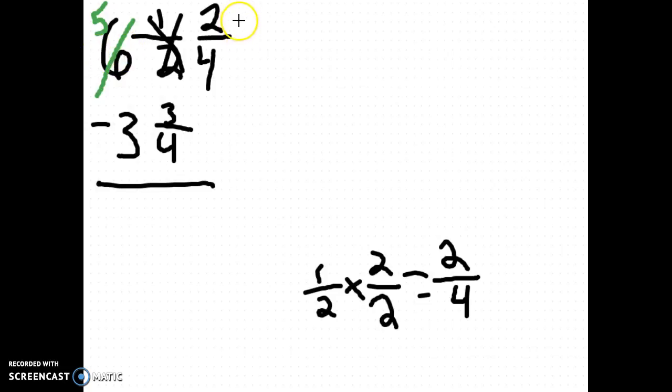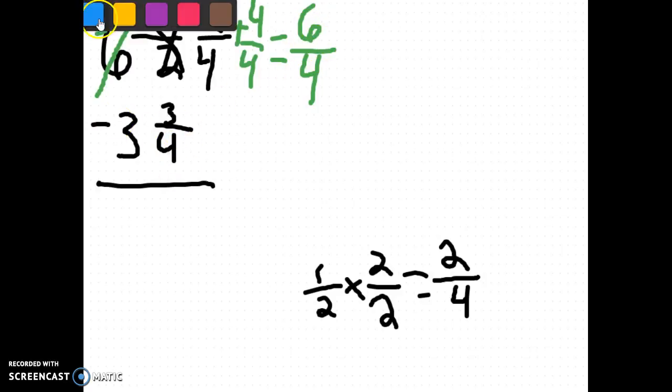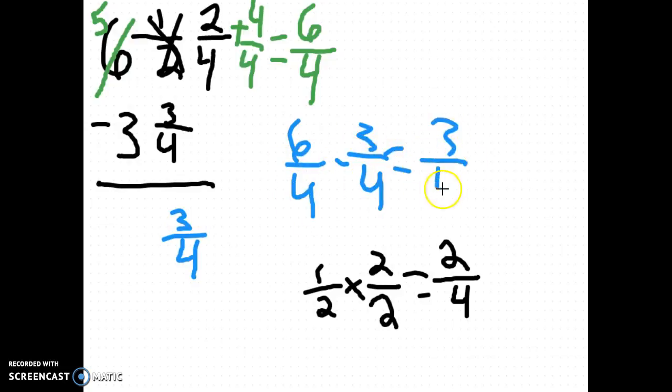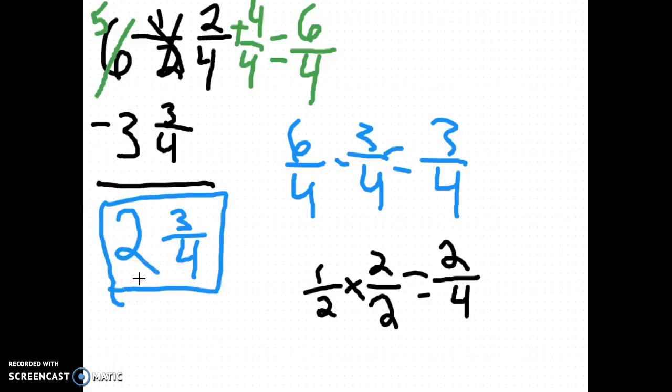So I am going to add 1 whole, or 4/4, to my fraction. 2 plus 4 is 6. So now I have 6/4. Now that I have 6/4, I can take away 3/4. 6 minus 3 is 3. So I have 3/4. So what I did was 6/4 minus 3/4, which is 3/4. Then 5 minus 3, which is 2. So my answer would be 2 and 3/4.